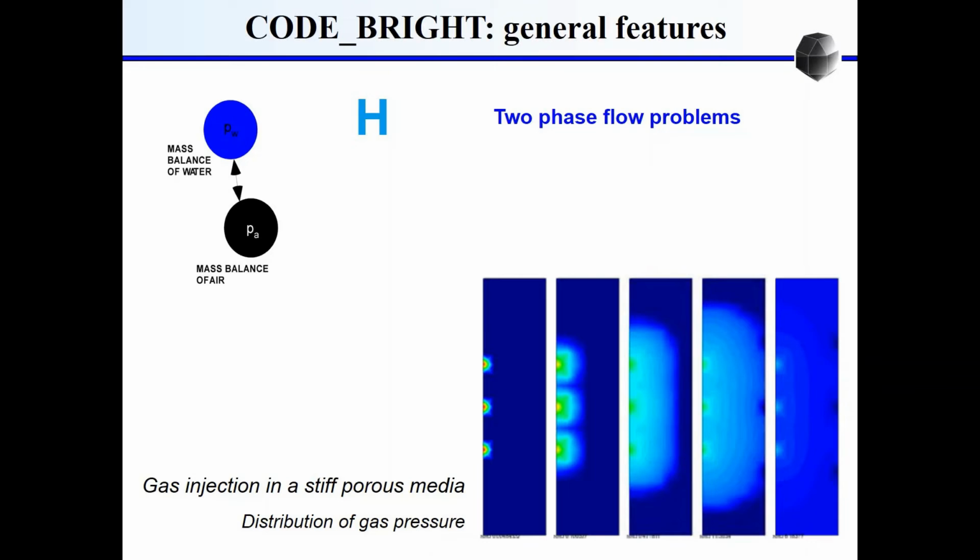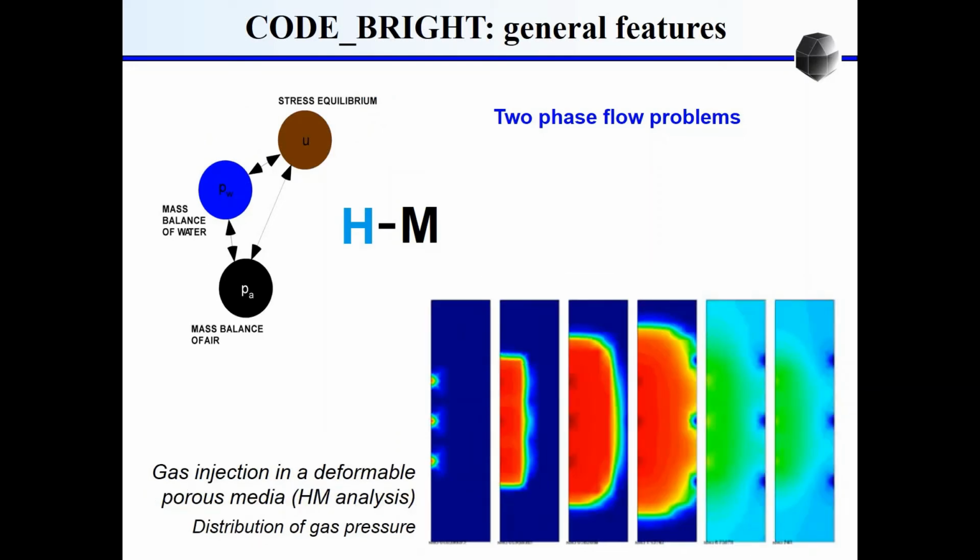And in this case, we are not considering the mechanical coupling, so the porous media is considered stiff. Of course, we can consider also the mechanical problem, and then the porous media would be deformable, and the distribution of gas pressure will be different. Okay, in this case.